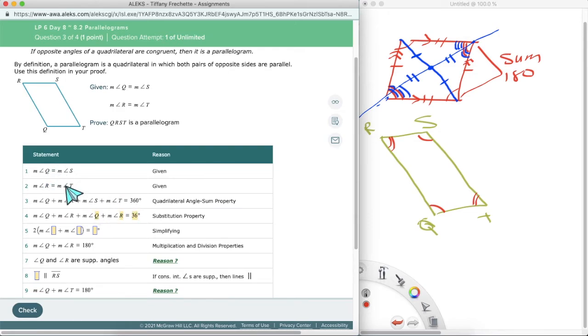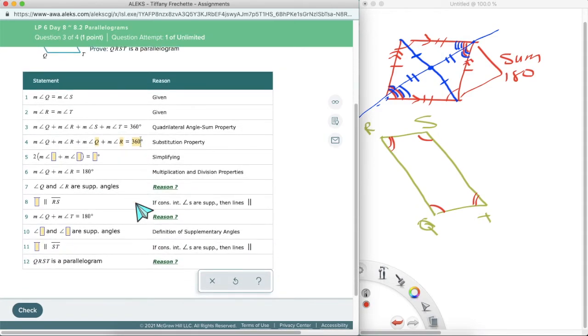So why are we doing the substitution? What we're trying to get to is something similar to the idea that we were doing in the last one, but we don't have a transversal to use alternate interior angles. So now, the easiest way to do this with angles is using the consecutive interior angles, or supplementary angles, one right after the other.